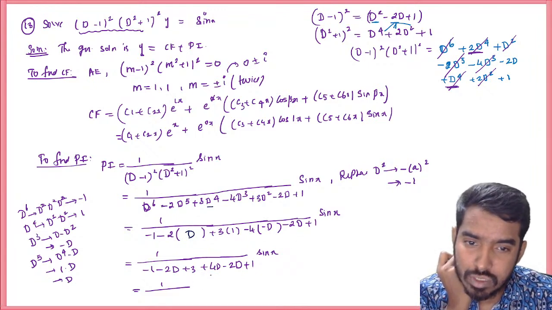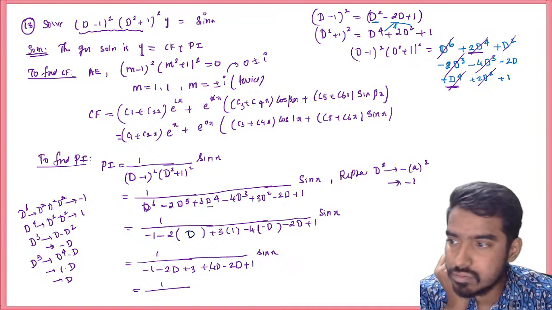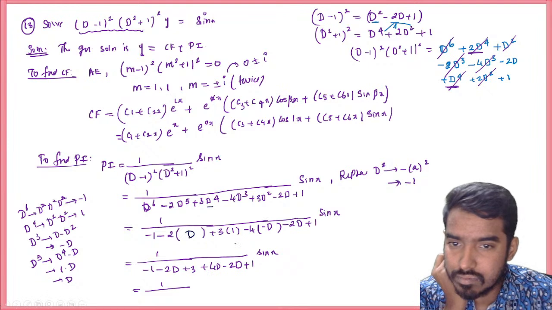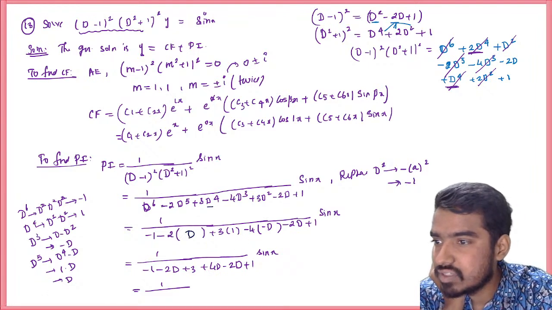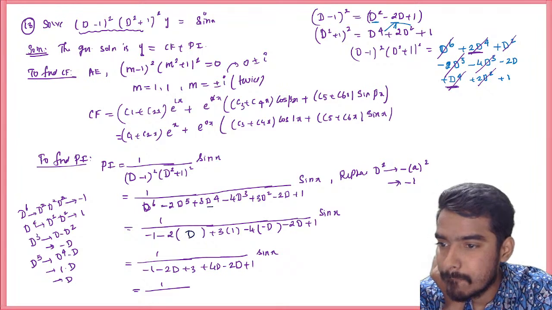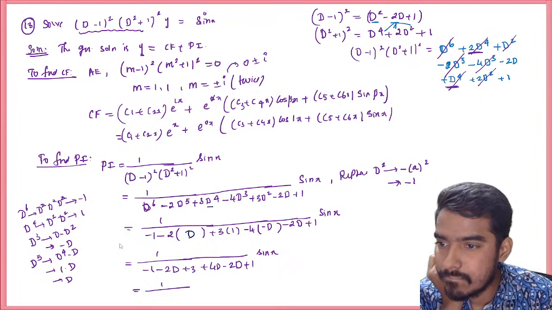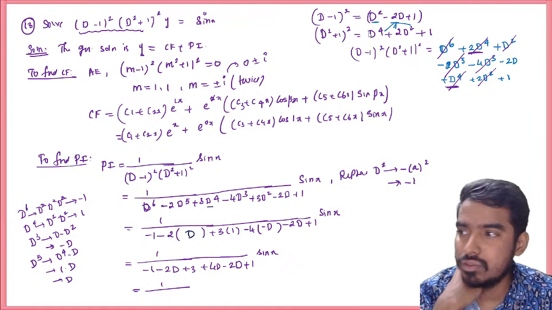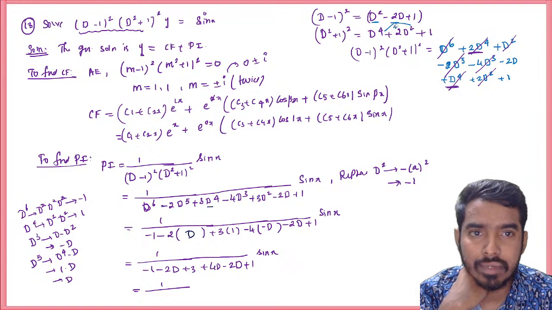Here we have 3 plus 1. I think I made a mistake somewhere. Just check with this simplification.